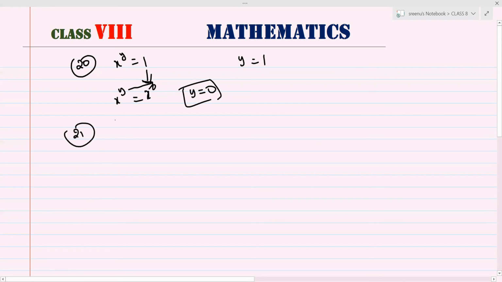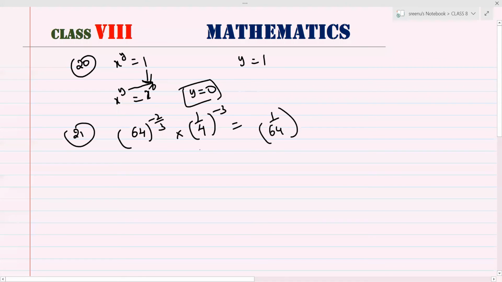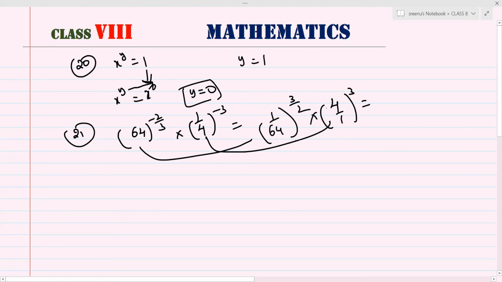21, you see 64 power minus 2 by 3 into 1 by 4 power minus 3. Make them positive powers. 64 will come like 1 by 64, 3 by 2, 4 goes like 4 by 1, 3. Now 64 I will write as 2 power 6, and 4 I will write as 2 power 2.